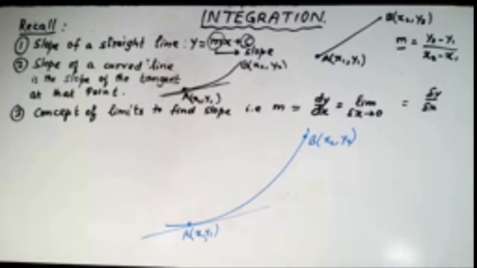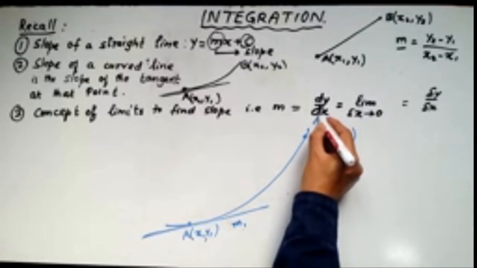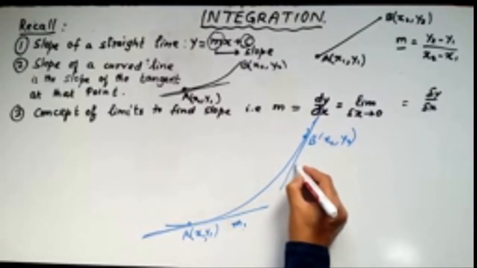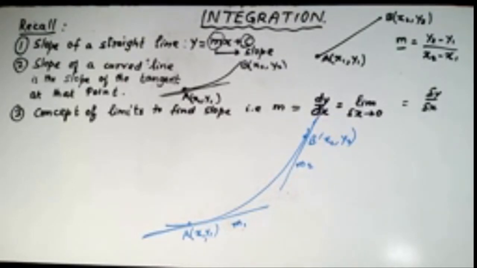If we draw a tangent at the point A, let's say the slope is m1. If we draw a tangent at the point B, we have a slope which is m2. Just by seeing from the figure, we see that the slope m1 cannot be the same as the slope m2.